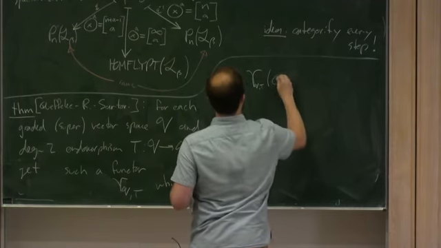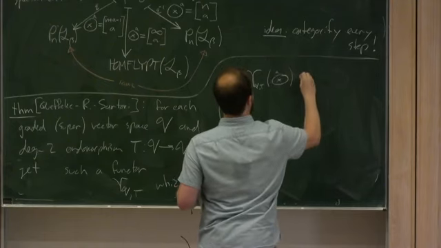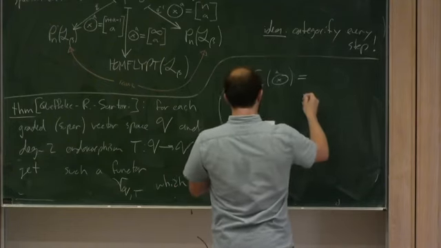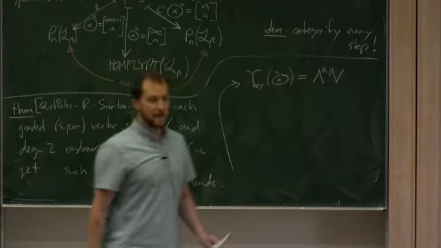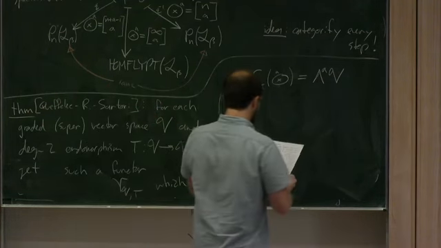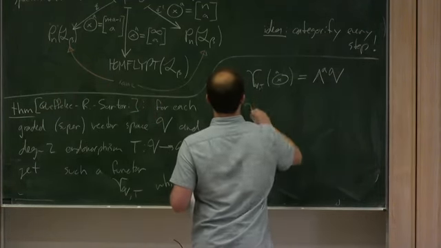So this would be a circle labeled by A. I'll just take wedge A of this V.